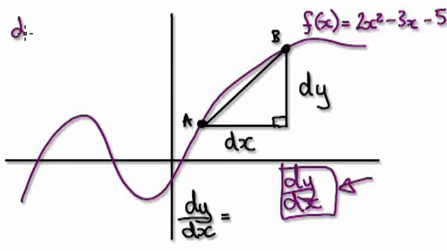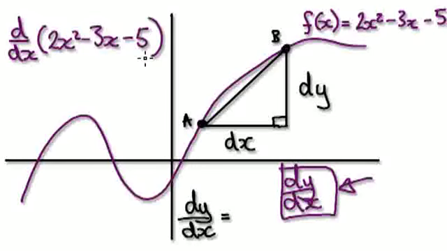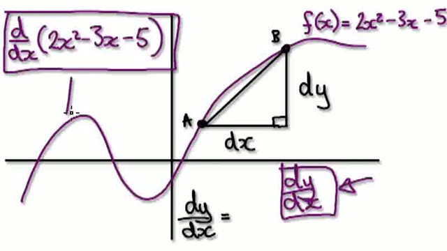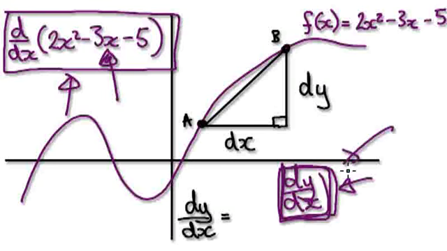But here's another way of doing it: d by dx, and then you write the value of y in here. This is just a notation, another way of writing this. It also expresses the gradient, but the advantage of this method is that you get to see the function. With dy by dx, people will just know that you're talking about the gradient, but they don't know what the function is.